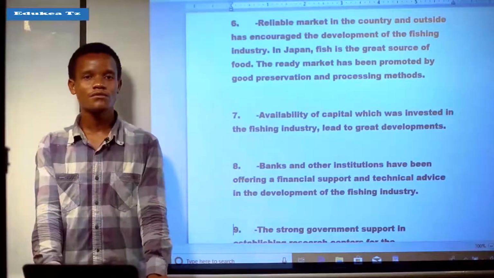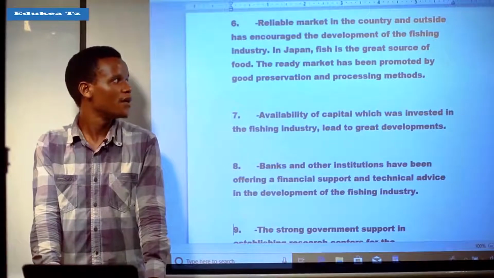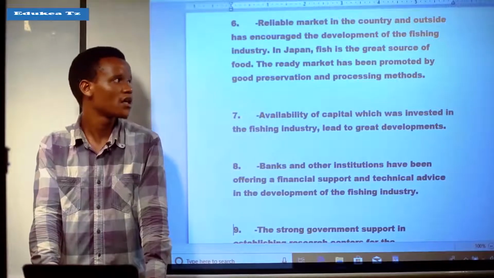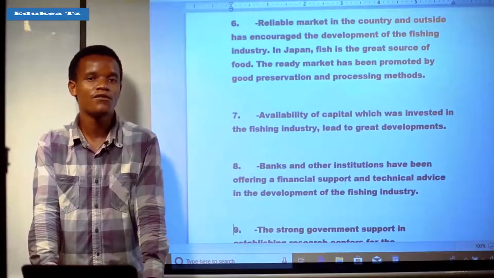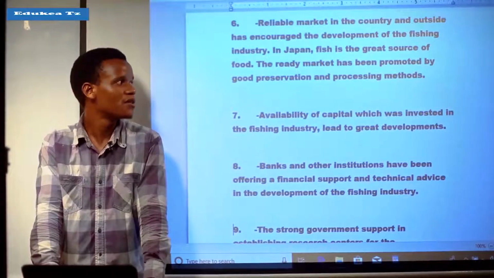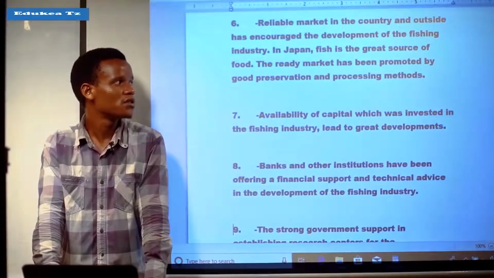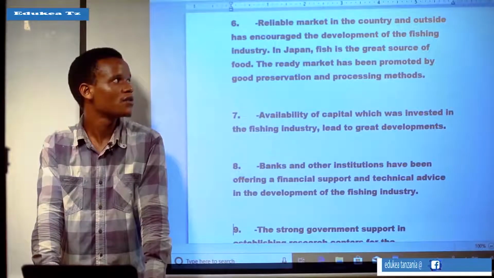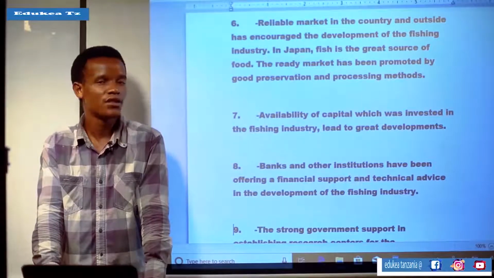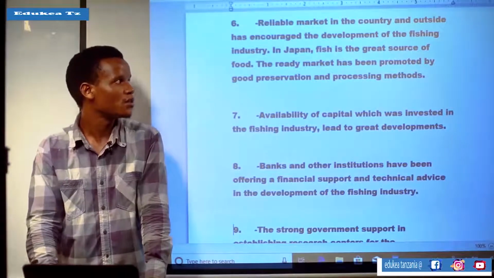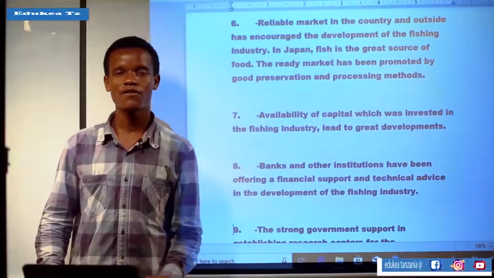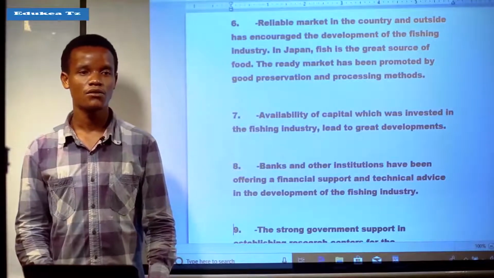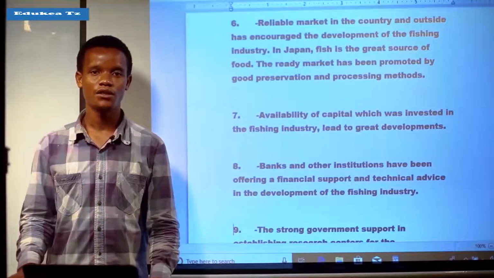The government of Japan has a ready market, which is promoted due to the methods they are using in the fishing activities, and also good preservation techniques and methods used in processing that encourage people to desire to use the fish found in Japan. So the country of Japan having both the internal and the external market has contributed much to the development of the fishing industry.